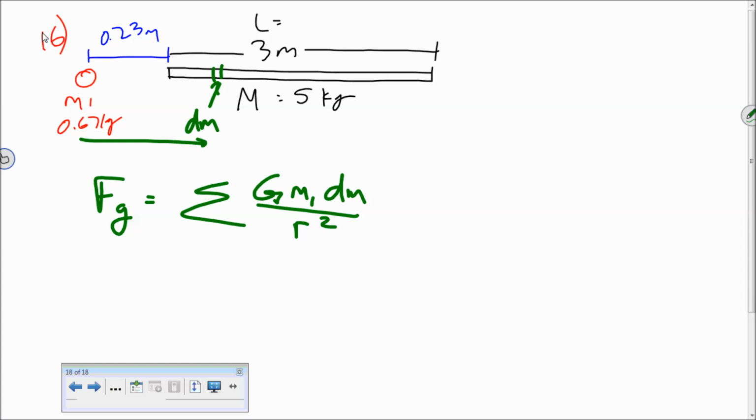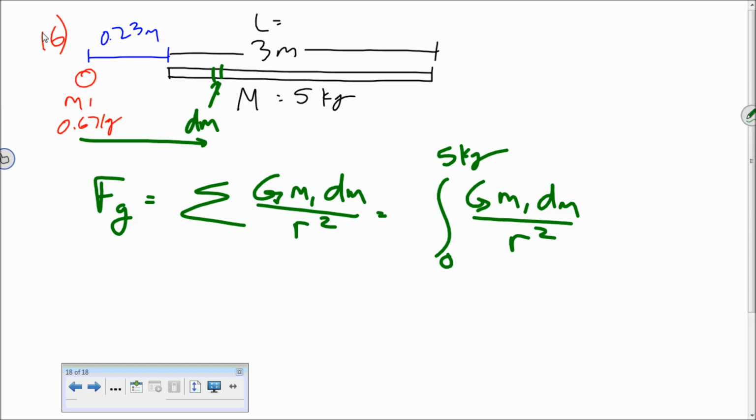So we need to rewrite this as an integral. This is the integral of G times m1 dm over r squared. I need to integrate according to mass, so I'm going to integrate from a mass of 0 up to the total mass of the bar, which is 5 kilograms.